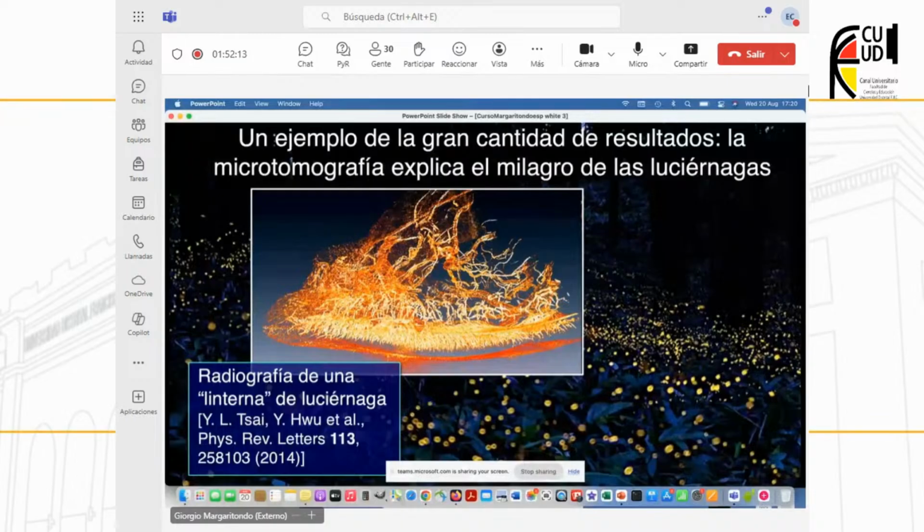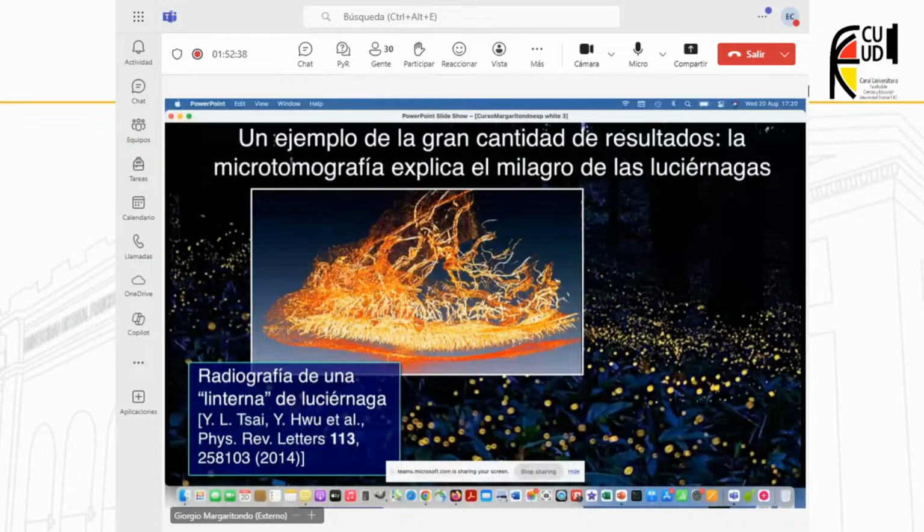Before synchrotron radiation came into the scene, it was not possible to see all these tubes. And therefore, you could have an idea of the general structure, but you could not test quantitatively the different models for the chemical production of light, because to do that, you needed the complete network of tubes.